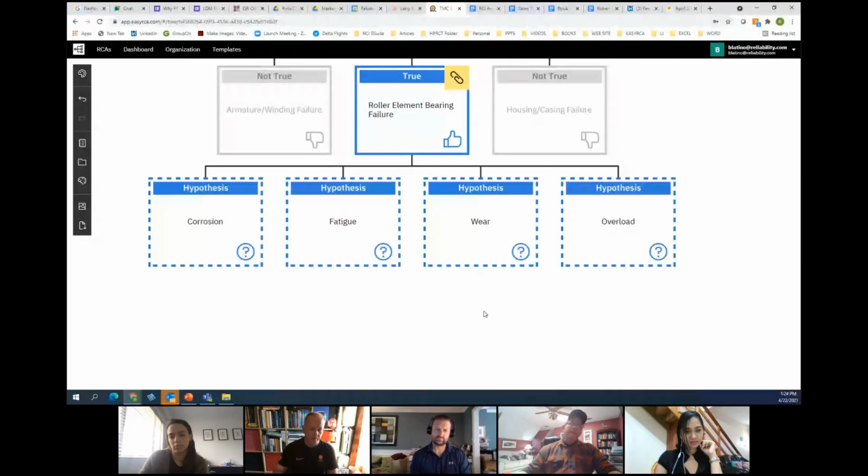Could you have that? Yes, because they cover all of the basic failure modes of rolling elements. I know you've just typed that in, but if we used the tool, would it self-populate and just pop up?